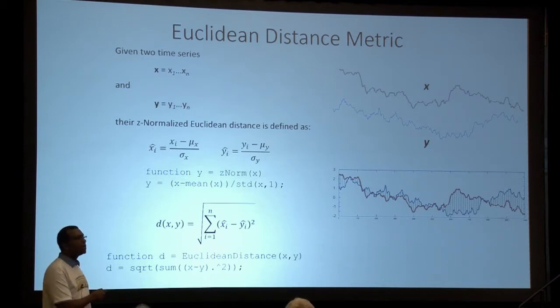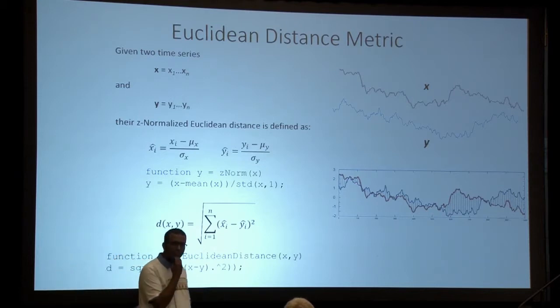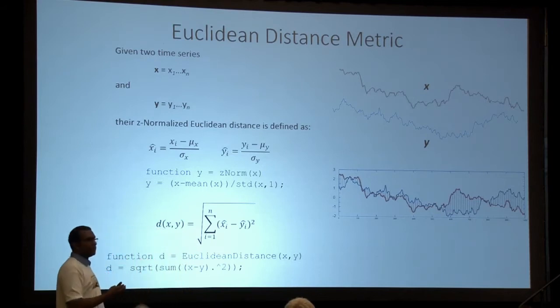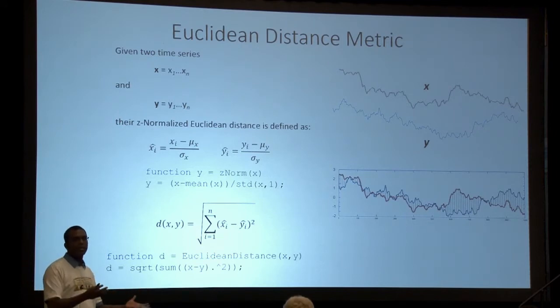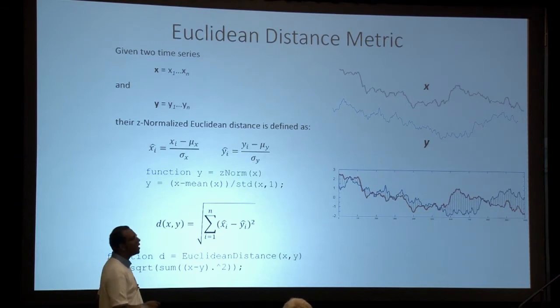So you z-normalize them, and they go down to, say, a standard normal distribution, minus infinity to infinity, but mostly around 0. And once you bring them down in the normalized space, you can take this area between the two time series as the distance. And that's exactly what Euclidean distance refers to. So if two time series are very different, then there is a larger area between them. If they are very similar, then there is a much smaller area between them.